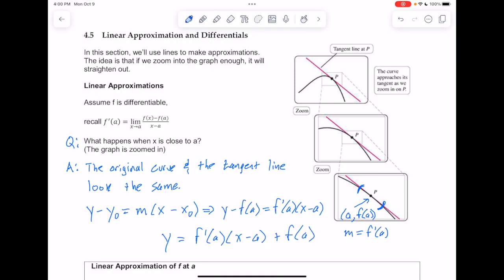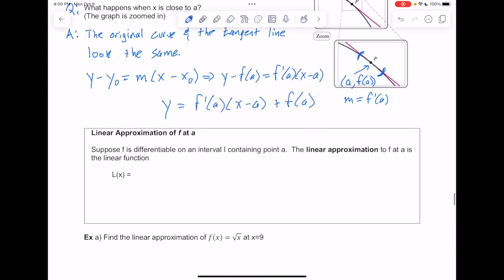So that's the equation of the tangent line, and we want to use that for this idea of a linear approximation. Suppose f is differentiable on an interval I containing the point a. The linear approximation to f at a is the linear function L of x equals, and then what we're going to use for the L of x equals part is just the other side of this.